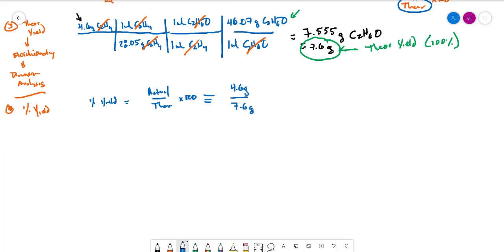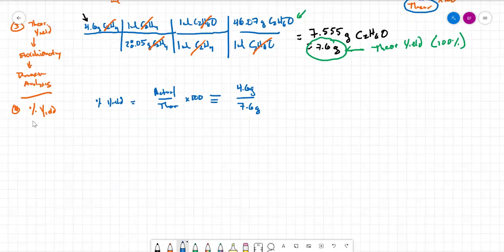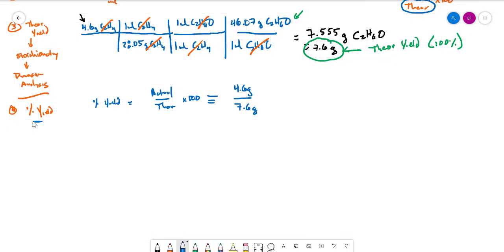Okay, so the final step in computing the percent yield is to remember that percent yield is the actual yield that you get, which we were given. Remember, we were told that we produced 4.7 grams in reality, divided by the theoretical yield, which we just computed as 7.6 grams, multiplied by 100%, and that's going to give us 62.2%.